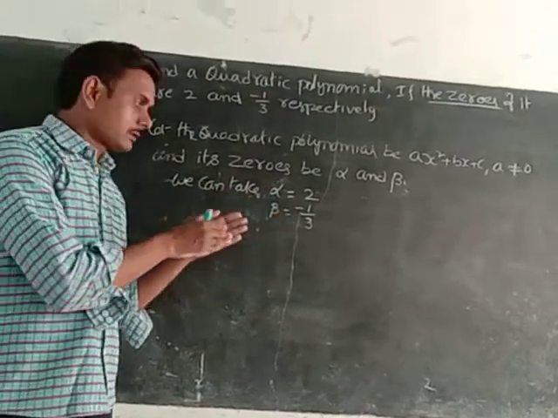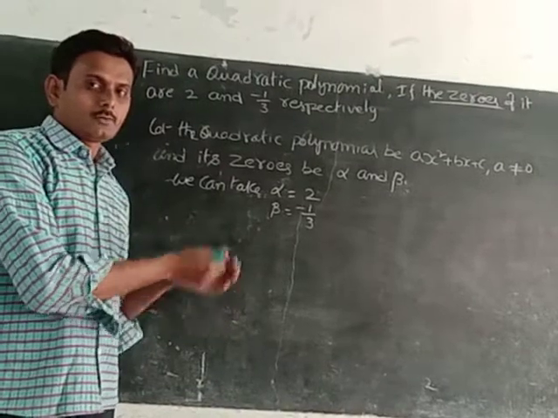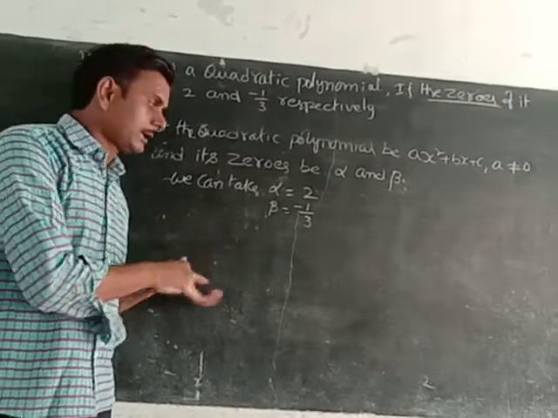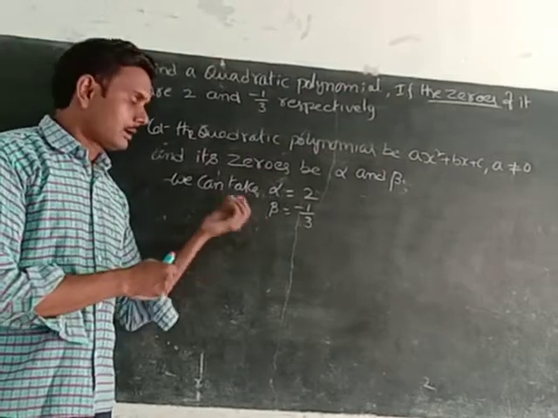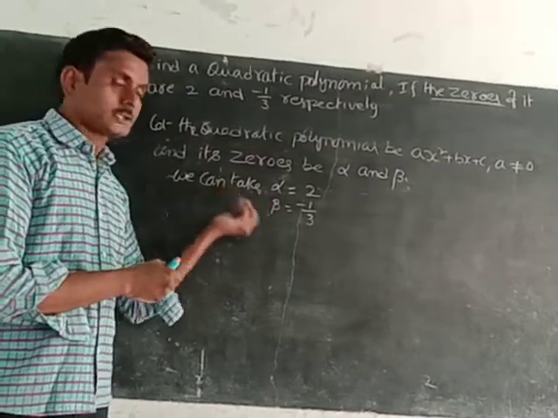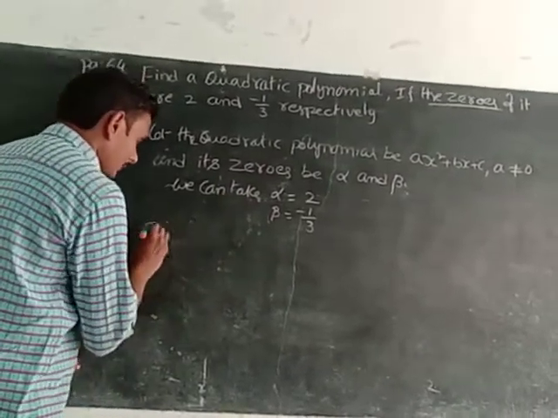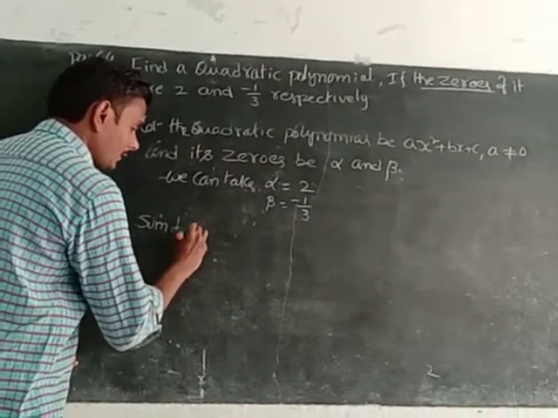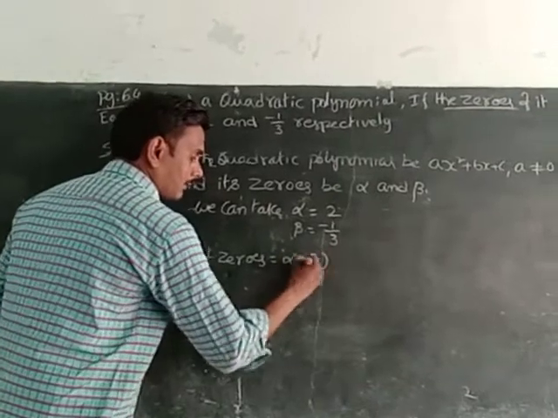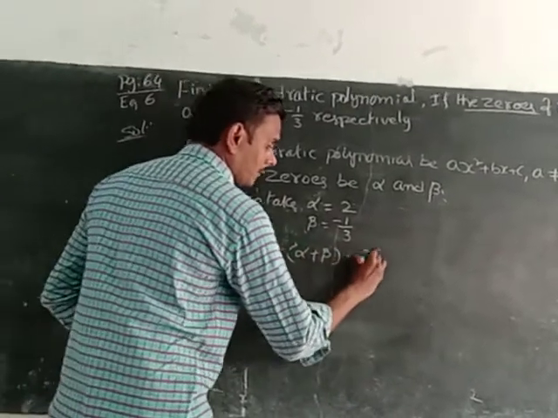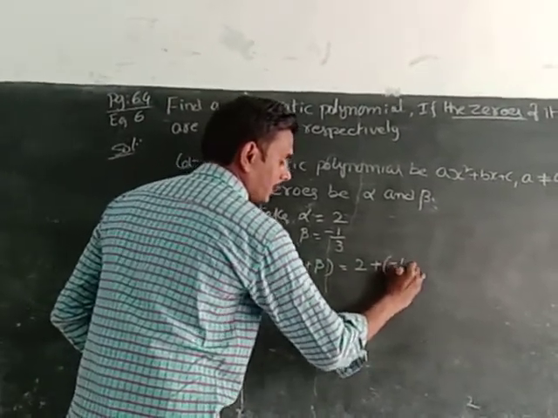In the previous question, sum and product were both given to you and we directly applied the formula. But here we don't know what the sum is and what the product is. So first calculate the sum of zeros, alpha plus beta, equal to 2 plus of minus 1 by 3.